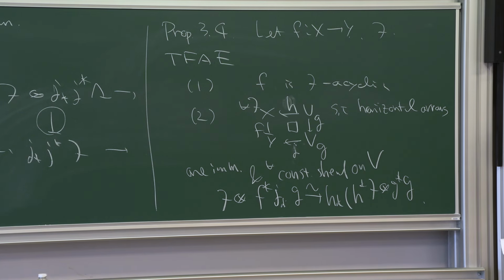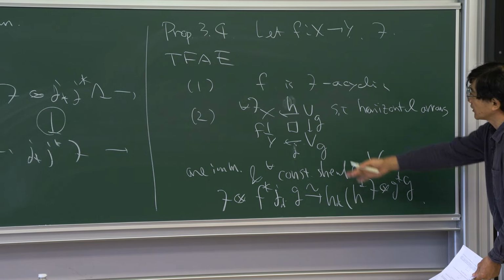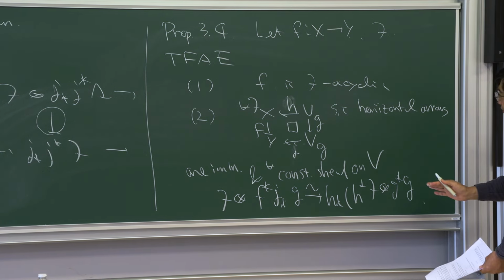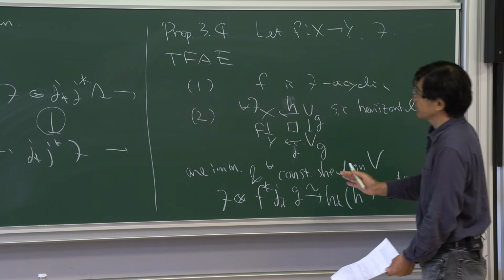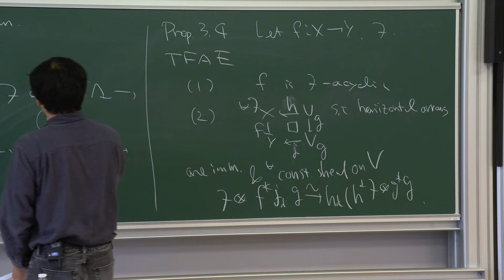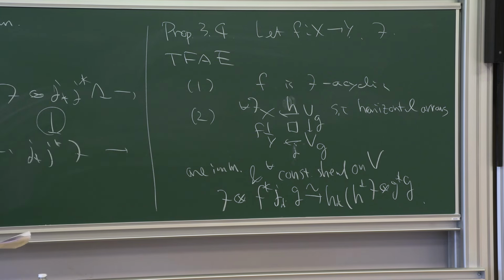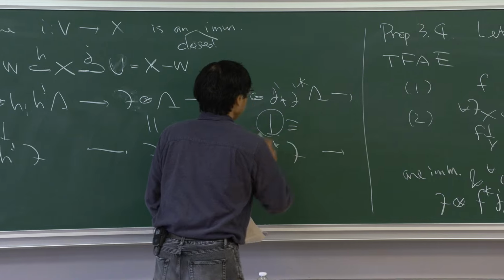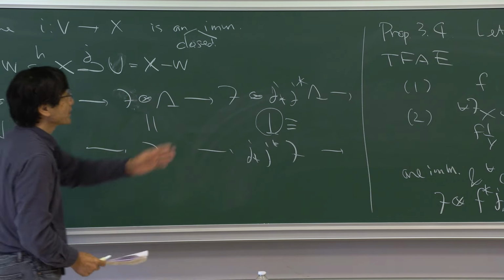So we have a criterion for acyclicity like this. This is a general thing, and we can apply it here. So this proposition implies that this is an isomorphism by the assumption.